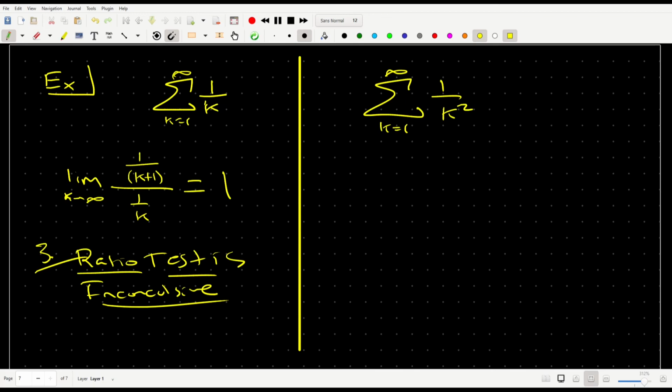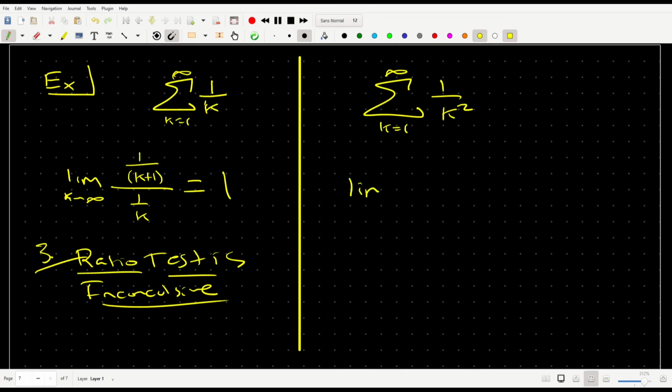Of course, we know from our integral test and previous examples that the harmonic series diverges, but we cannot use the ratio test to show this because of this inconclusive result from the ratio test. This happens whenever the limit is equal to 1.